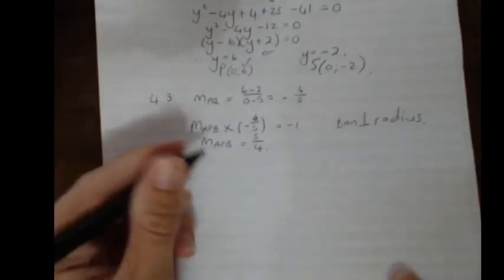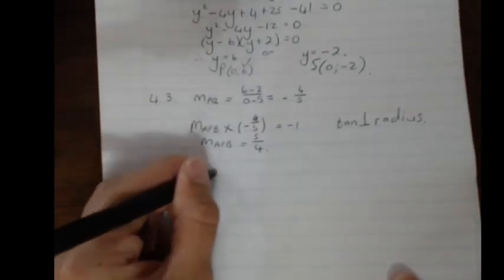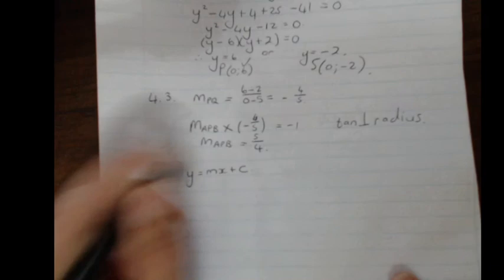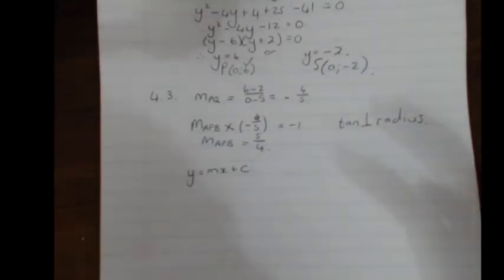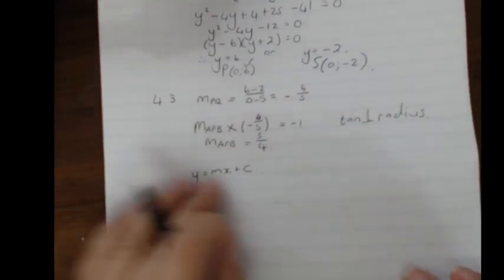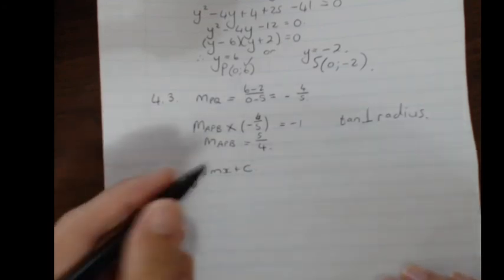And then I'm going to substitute into my straight line equation. If you use the other form, y minus y1 is equal to m times x minus x1, that's perfectly fine. I prefer this one.